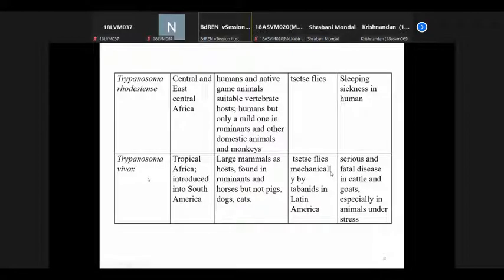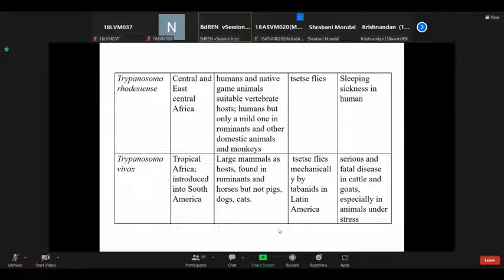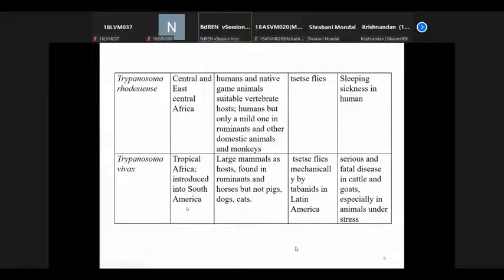You know Plasmodium vivax, malaria, but this one is Trypanosoma vivax. So these are the species.